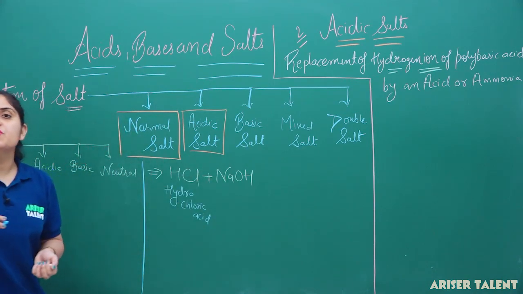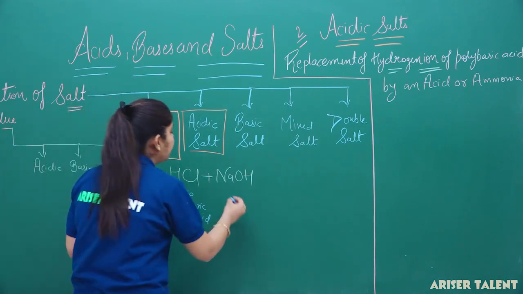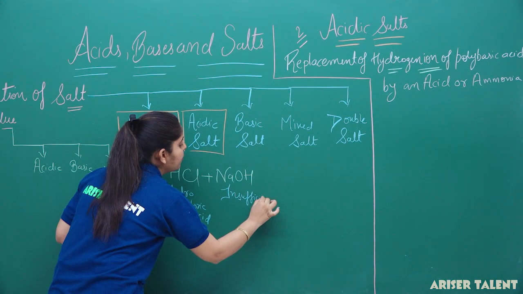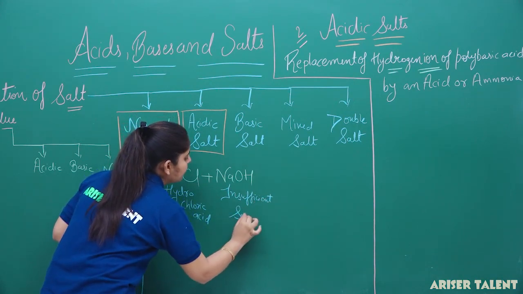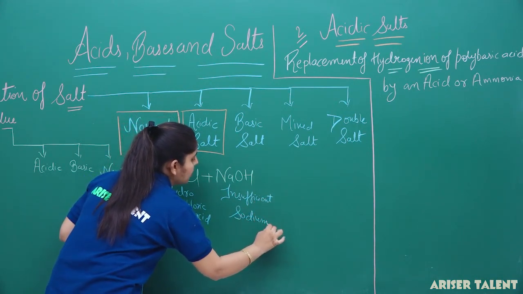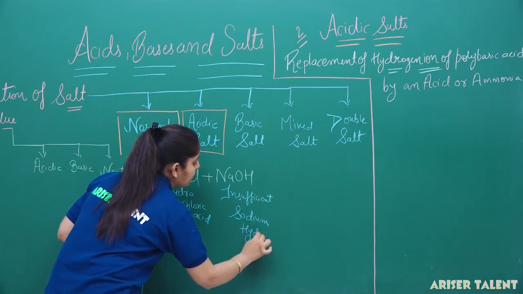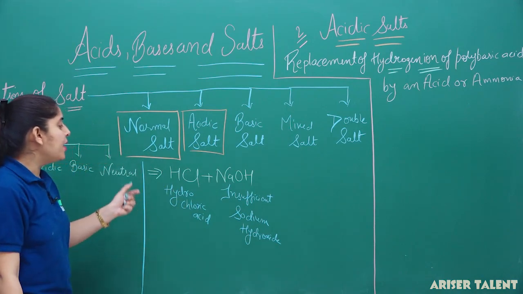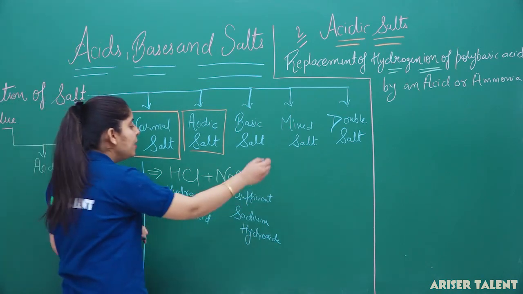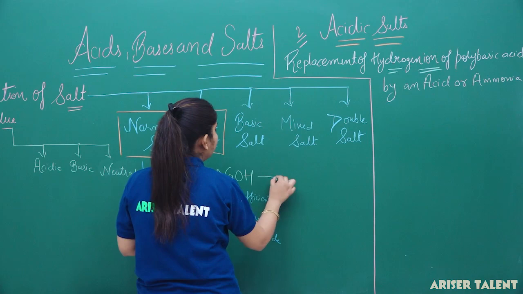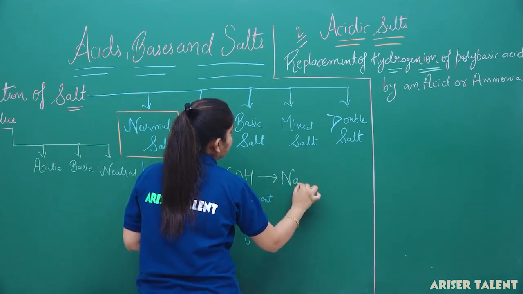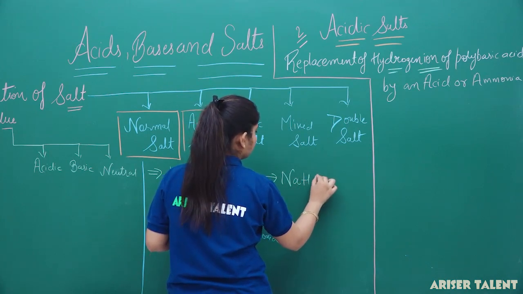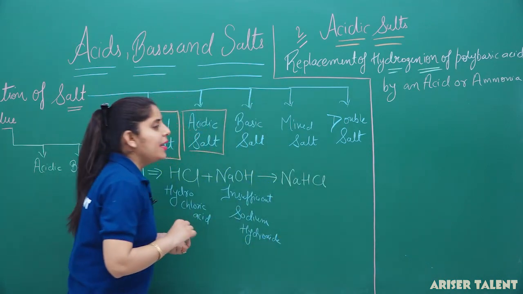and the NaOH which we have taken will be insufficient in number. So we have taken insufficient sodium hydroxide. What will we get on the product side? We will get NaHCl.